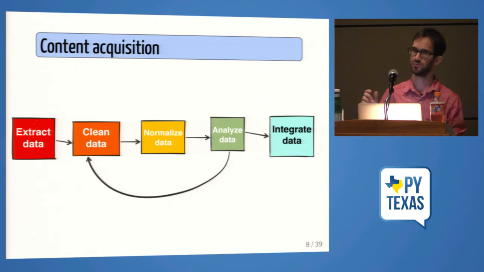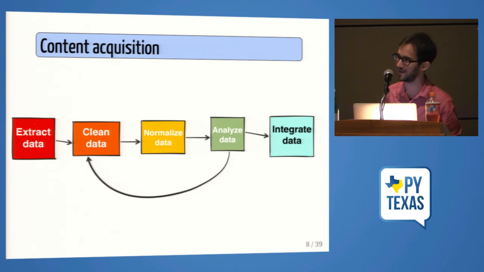When you analyze it, you will probably see a few issues, and you'll go back to cleaning the data. Now, I want to focus on the first step, extracting the data. That's a very good point to save your raw data. If you've scraped something, harvested something, or queried something from an external API, just save it. It will probably have data that you will need later on, and it will save you the trip.